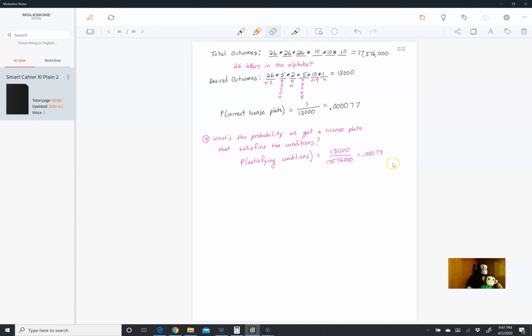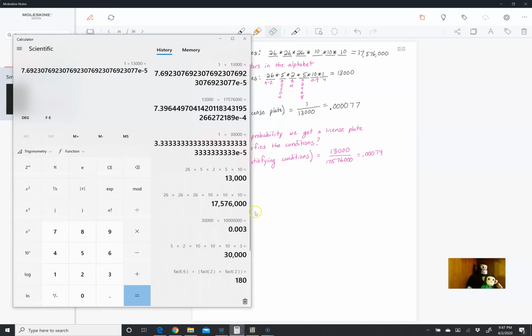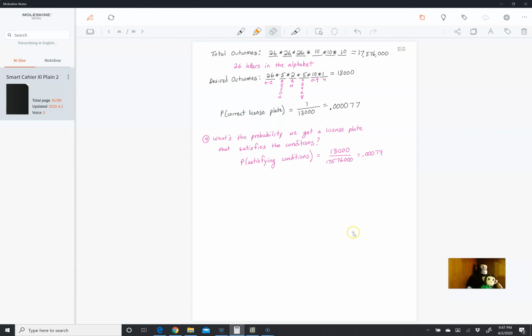0.00074. Let me make sure I don't need another zero. No. Okay. So essentially we have two different questions. The first question is the probability of getting something correct.